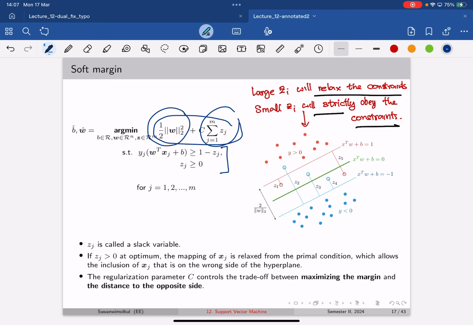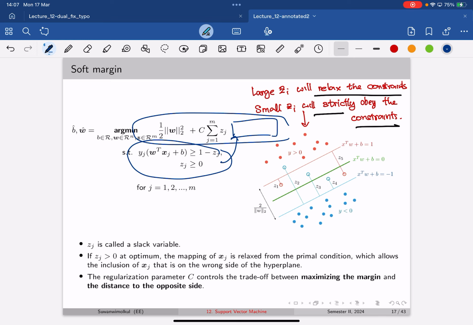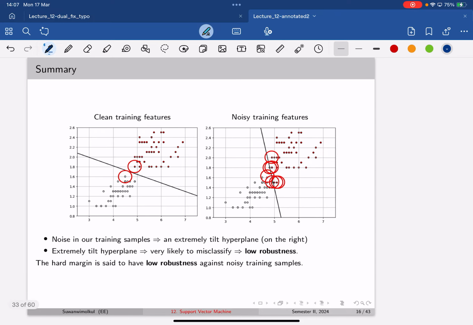Therefore, we can somehow shift these constraints out and put them as part of your objective function. Actually, that's the whole entire reason why people would normally consider the dual form. That is because they don't want to deal with this kind of restriction.